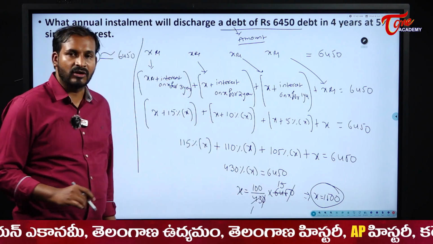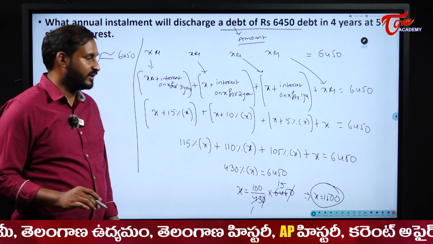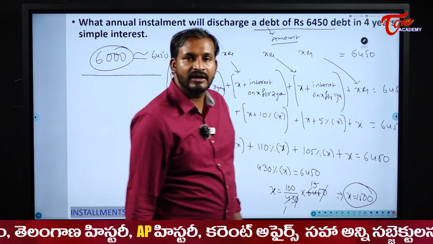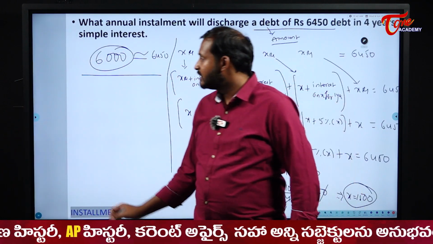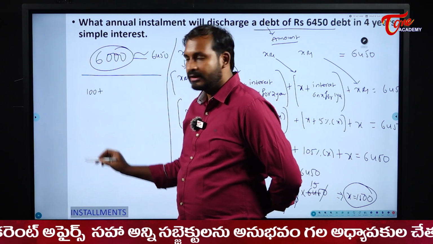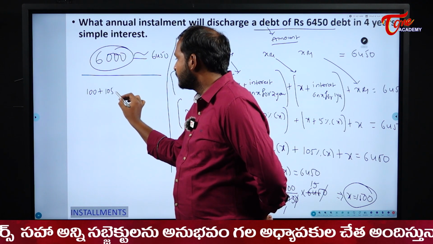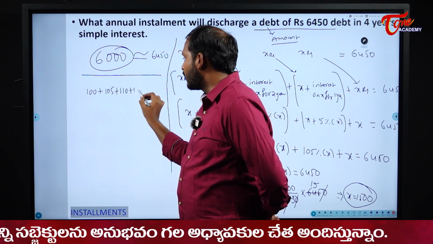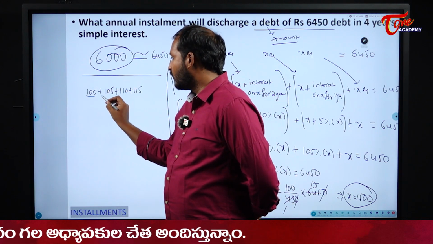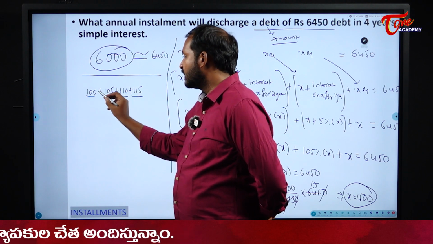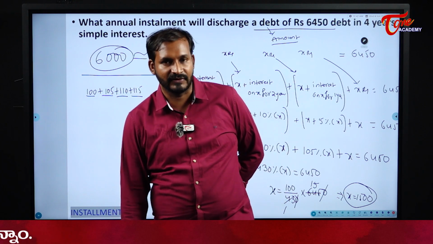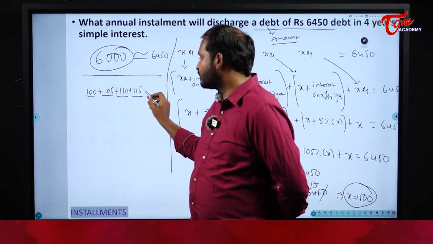Now, sir, what is the shortcut for this? How many installments, students? 4 installments. And what is the rate of interest? 5%, right? So what you need to do here is 100 plus 105 plus 110 plus 115. 100, 105, 110 and 115: 4 installments, every one incremented by 5, because my rate of interest is 5%.